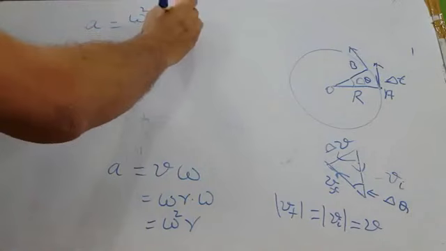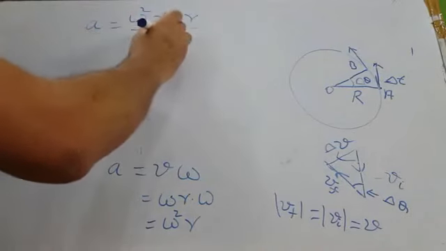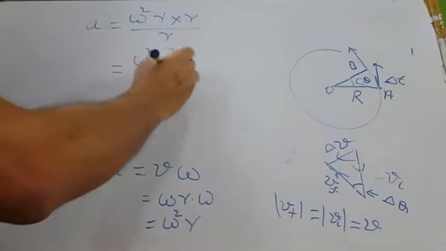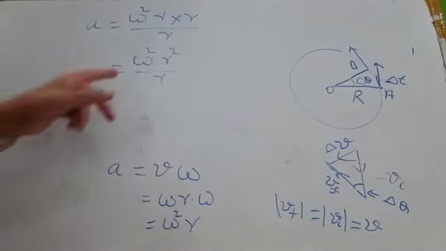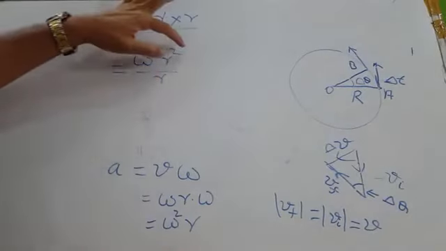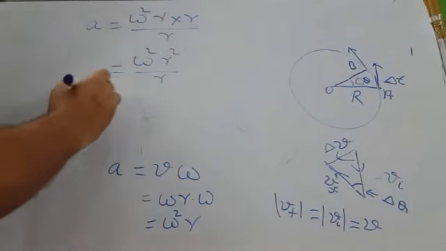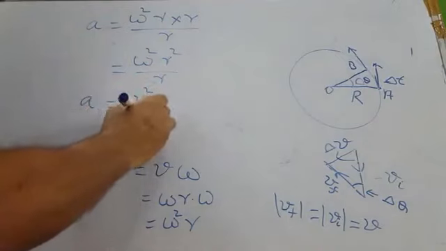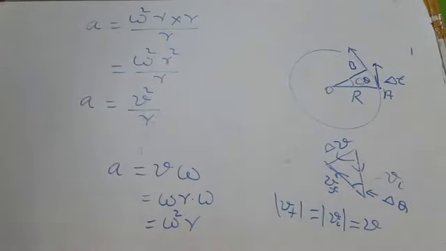Now I am multiplying it by r and dividing by r. So it is omega square r square by r. But v is equal to omega r, so this term will become v square. So a is equal to v square by r. So acceleration will be v square upon r.